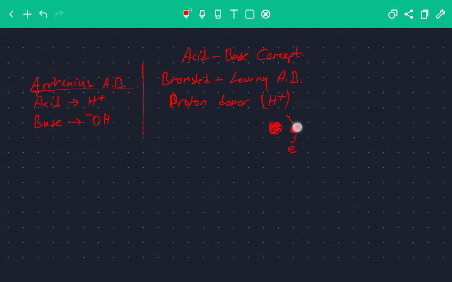However, when this electron leaves, it becomes H plus, so it is just a proton, right? So we are therefore calling it a proton. I just want to mention it. And the proton acceptor is the base, and the donor is the acid.